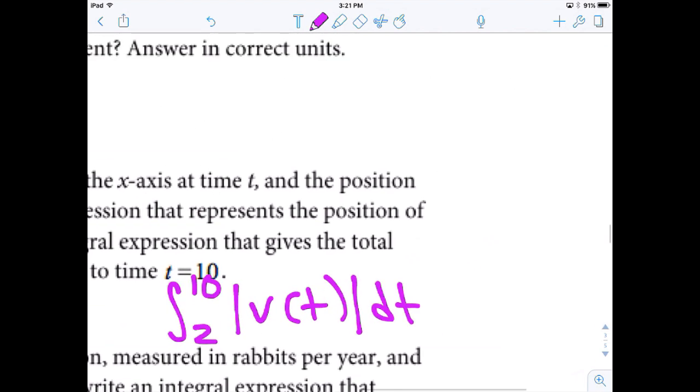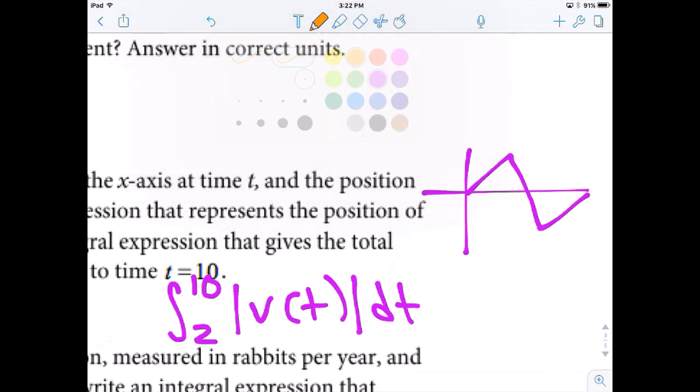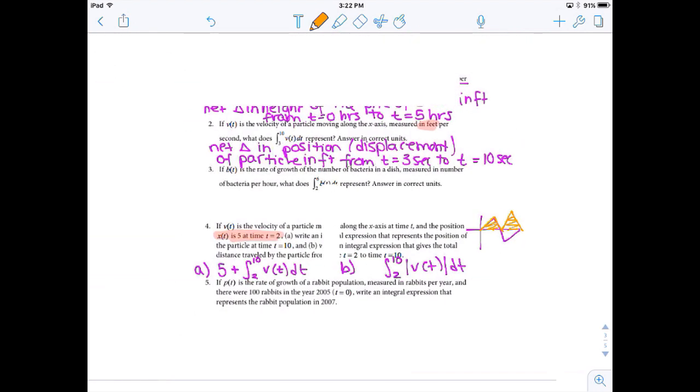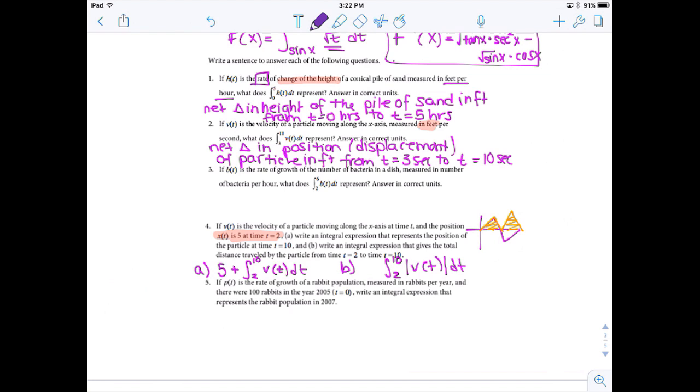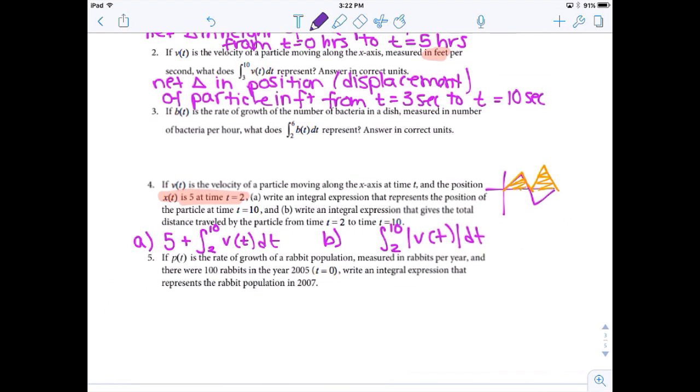Because think about it. If you had a position function that looked like this, what the absolute value would do is say, okay, this is positive, leave it alone, but this is negative, let's flip it up. And then all your area under the curve would be positive. So when you're talking about total change in position or total distance traveled, throw the absolute value bars in there.